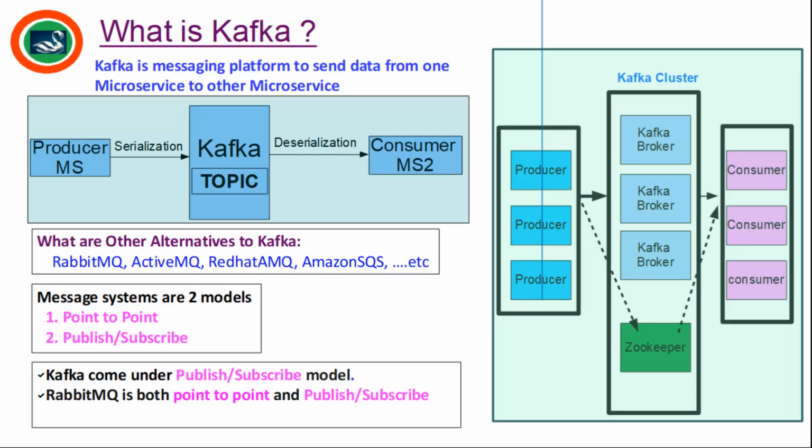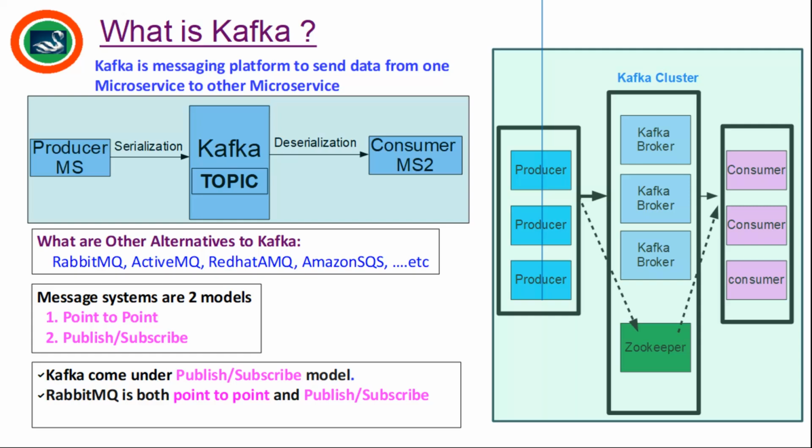Now, what is Kafka? Kafka is a messaging platform to send data from one microservice to another microservice. The microservice which is sending the data is called a producer. The producer sends data to Kafka, and the consumer receives data from Kafka. You can see the diagram on the right side.